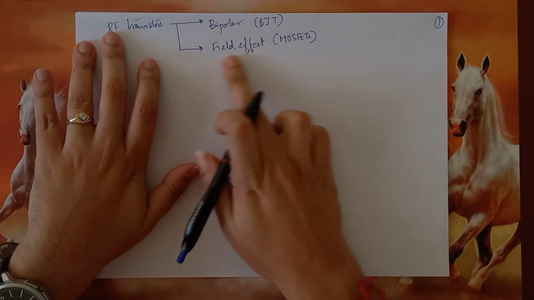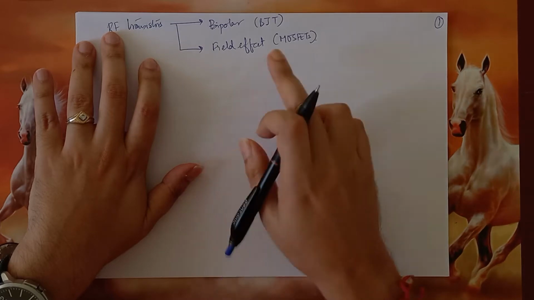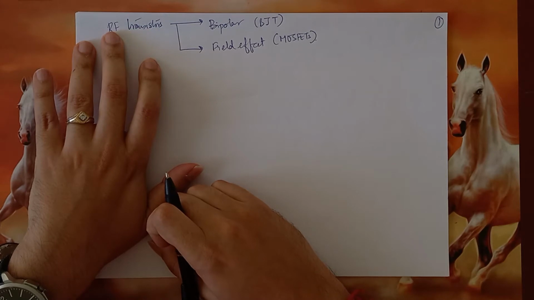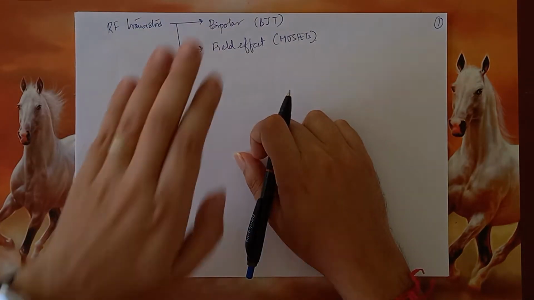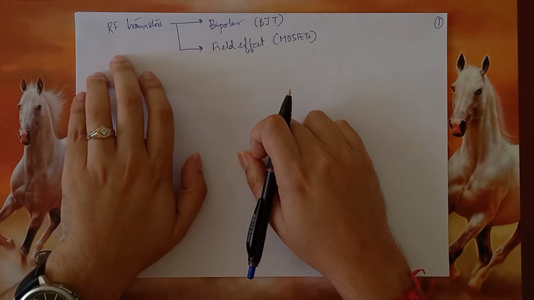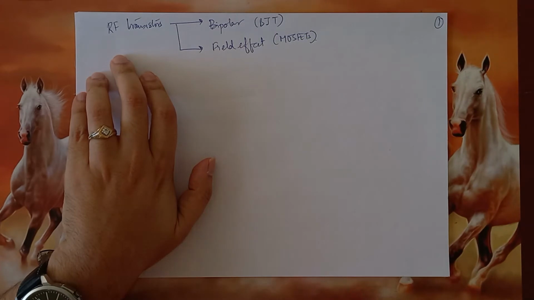Why? Because the MOSFET has a number of parasitic elements in it. In particular, parasitic capacitances which limit its bandwidth. But that is not the end of the story. One of the biggest advantages of MOSFETs is that if you reduce their size, they retain their properties.